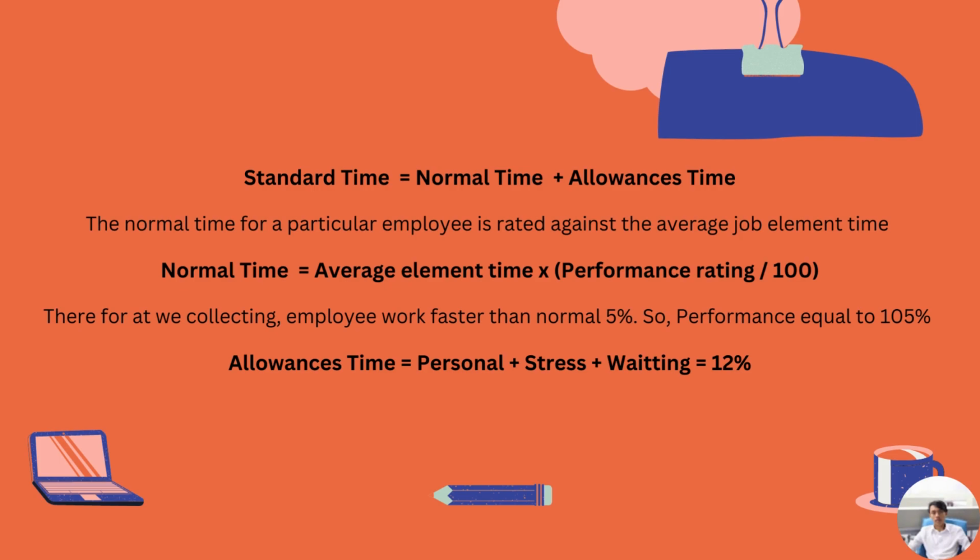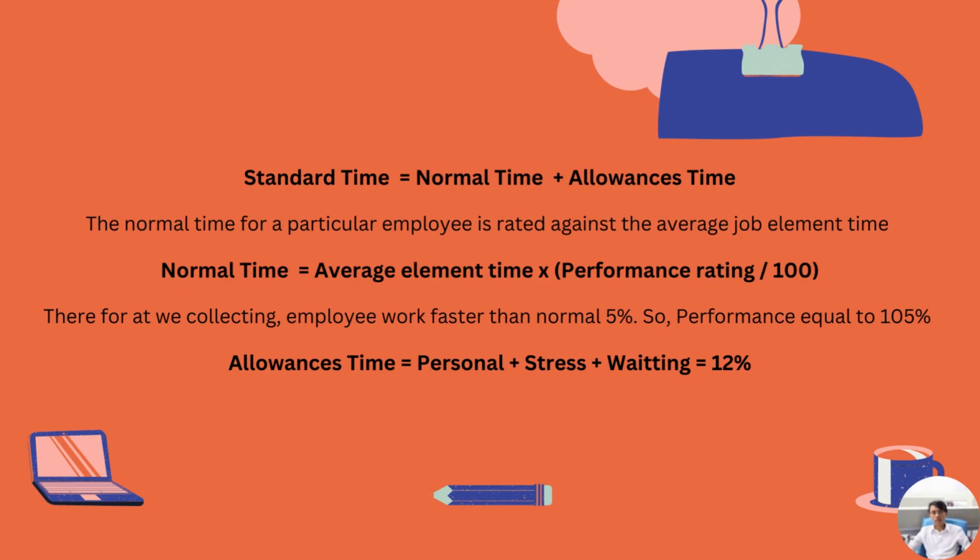Therefore, when we were collecting, the employee worked faster than normal by 5%, so the performance is equal to 105%. The allowance time is equal to personal 4%, stress 3%, and waiting 5%.